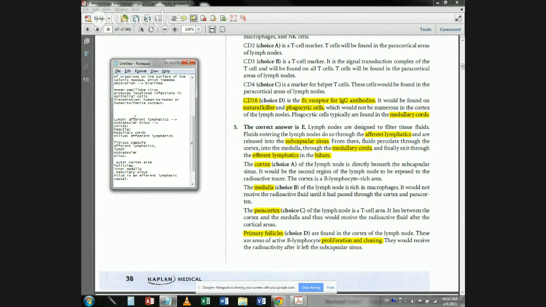Okay, so in the cortex, what's happening is, directly beneath the subcapsular sinus, it would be the second region to be exposed. The cortex is B cell rich. Okay, the medulla of the lymph node is rich in macrophages.